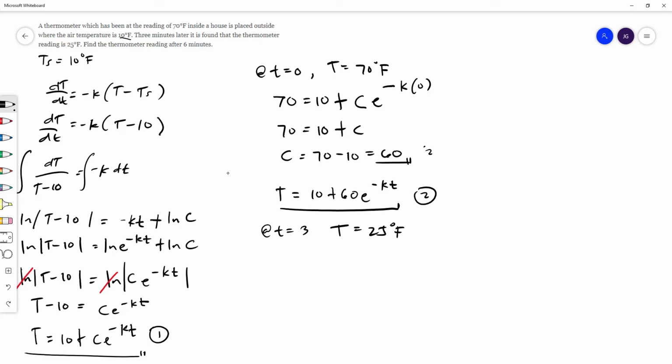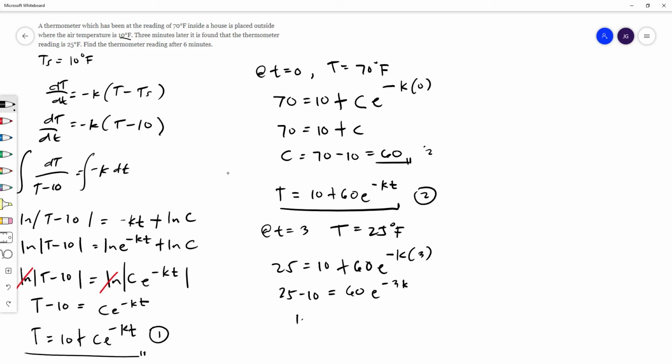Okay, from here we have 25 is equal to 10 plus 60 e raised to negative k times 3. So we can rewrite our equation as 25 minus 10 equal to 60 e raised to negative 3k.